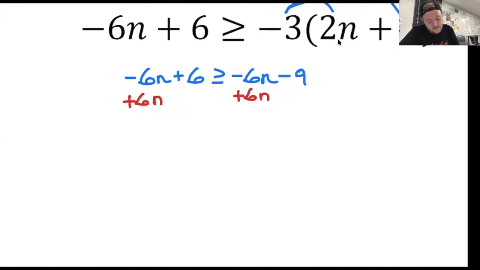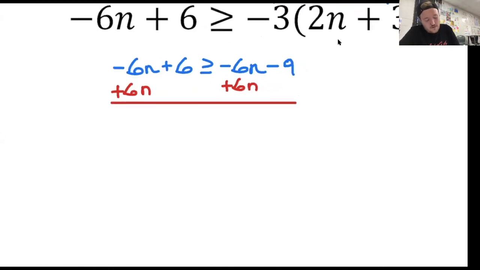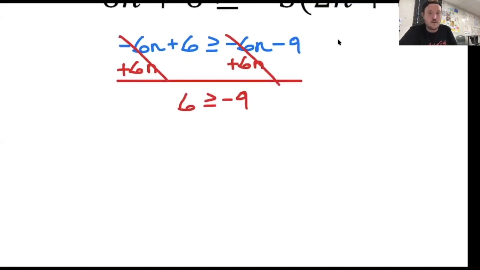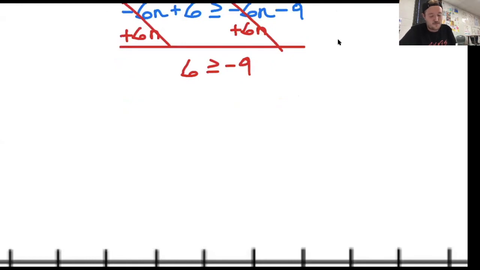Okay, so these are going to zero out. So we're going to have 6 greater than or equal to -9. So 6 is greater than or equal to -9, so this would be true. And this would be IMS, or all real numbers, or infinitely many solutions, whichever one you want to call it.